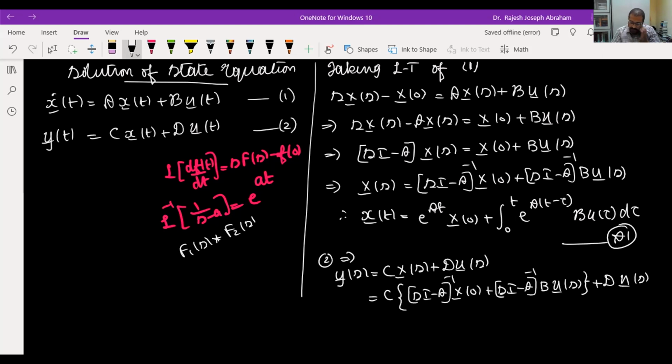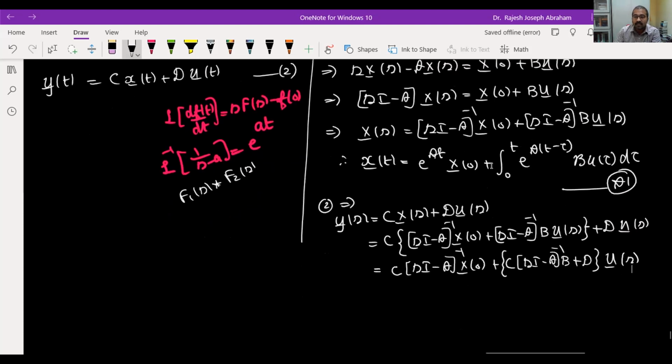I can write this as C (sI minus A) inverse x naught plus [C (sI minus A) inverse B plus D] into u of s.